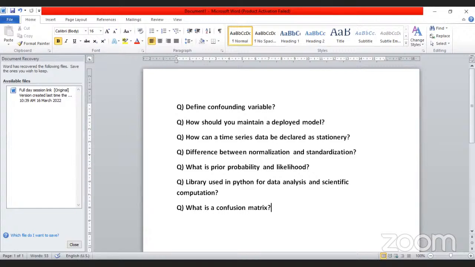Here the actual values are false and we predicted them as false, meaning wherever the actual values are negative, we predict negative. And then what is the false positive? The actual values are false, but we predicted them as true, right?